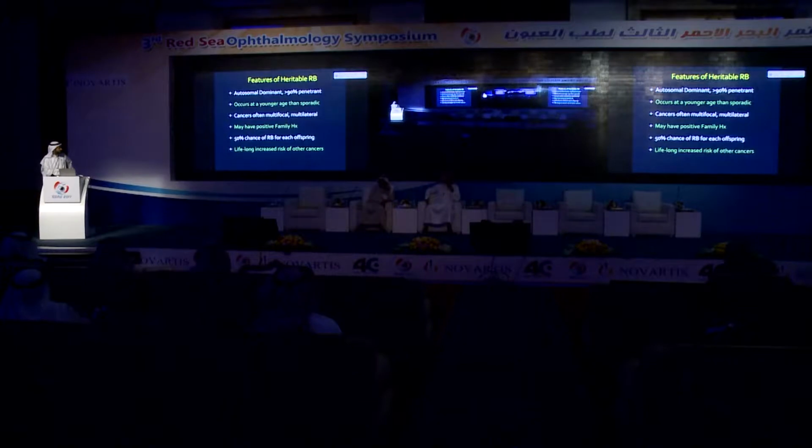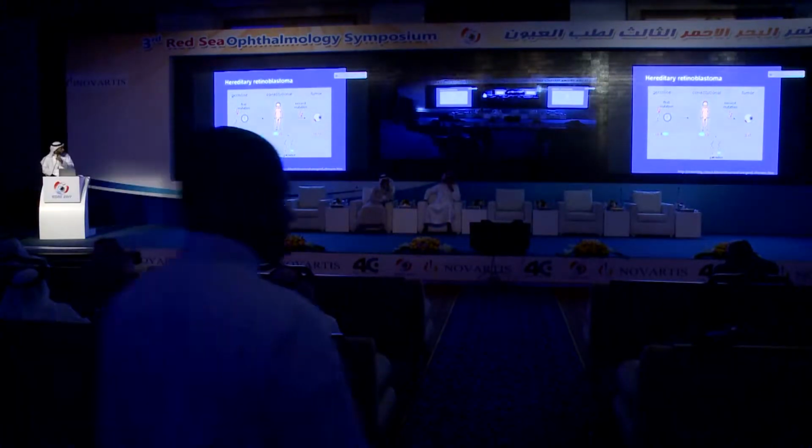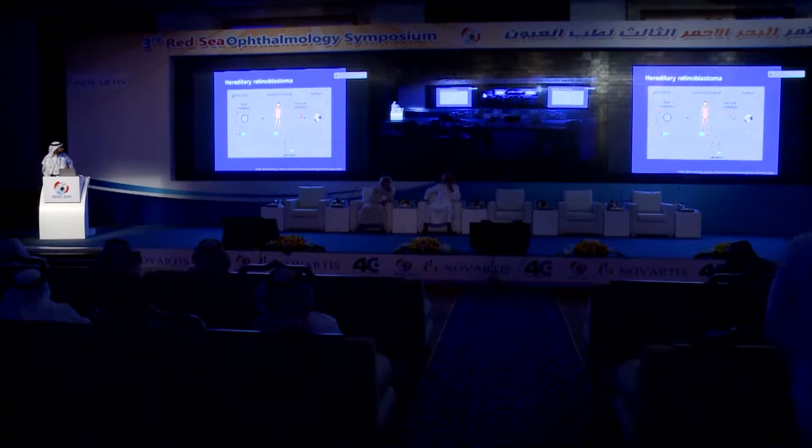There is a 50% chance to spread the gene to the offspring, and 40% to develop the cancer, because the penetrance is 90%. They have a lifelong increased risk of second cancer, almost 5 to 6%.